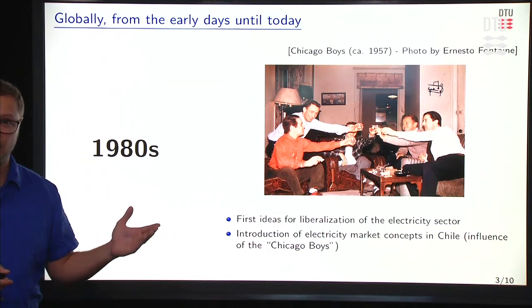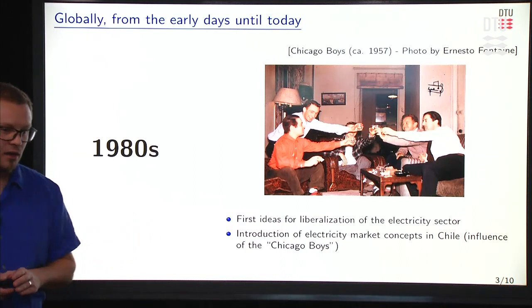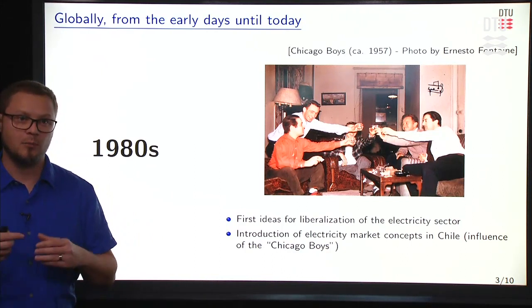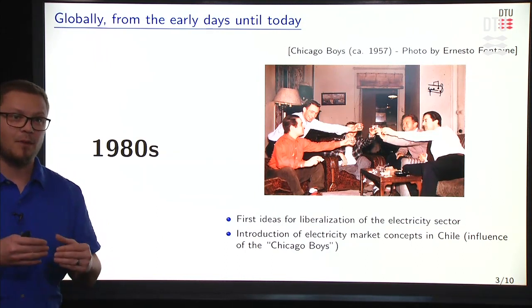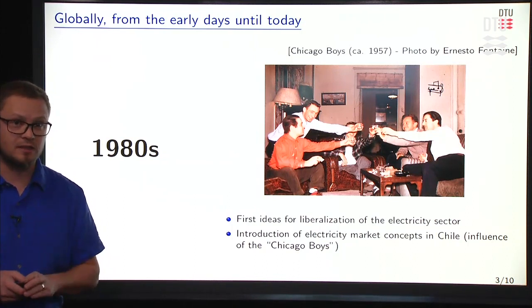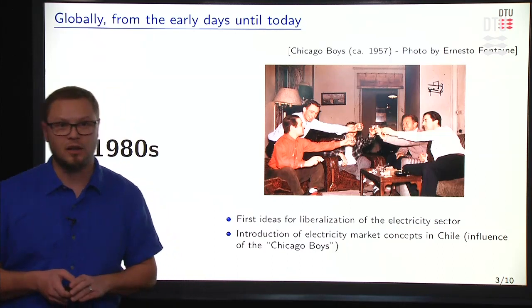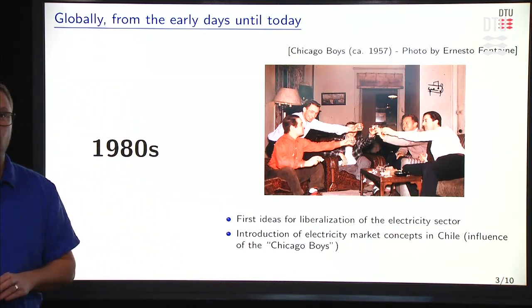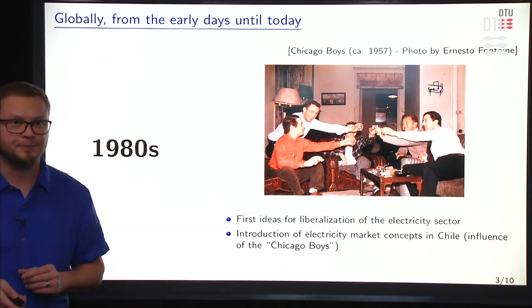They ended up in Chicago, learning from some of the greatest economists of the time who were focusing on the idea of liberalization, not just for the electric power sector, but still this bunch of Chilean students in the US came back home afterwards and brought some of these liberal ideas and pushed for the first ideas for liberalization of the electric power sector. This means that actually Chile was one of the first countries, if not the first country, to bring this concept of electricity market into play.